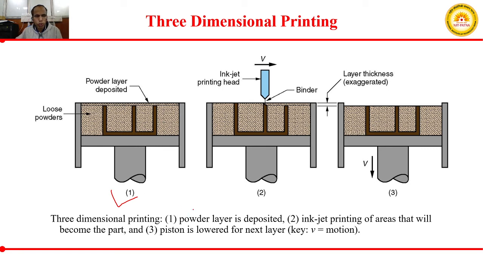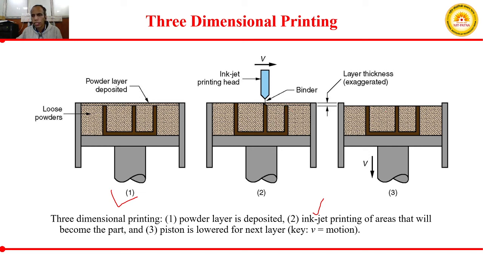Here you can see the powder is deposited, and then through an inkjet head, this inkjet printing of areas is taking place wherever you need a solid layer of your part to be produced.